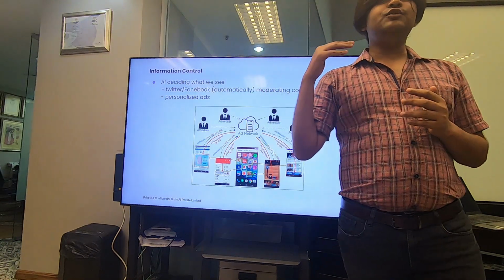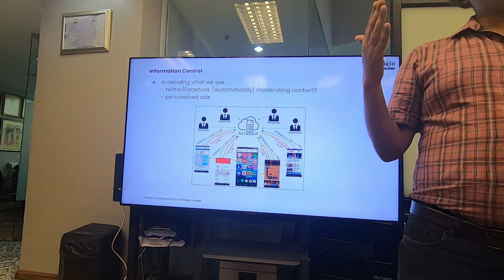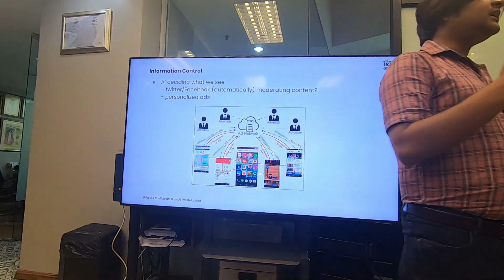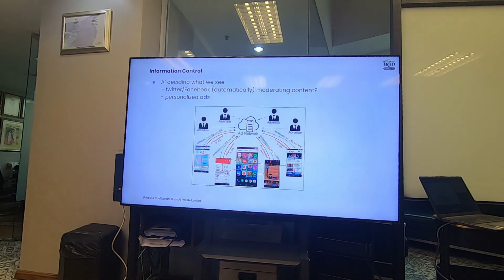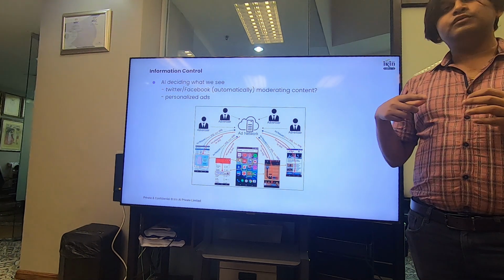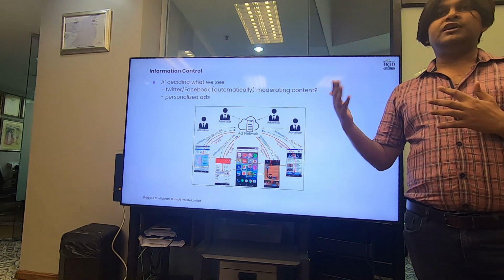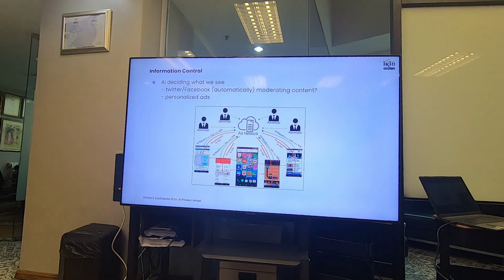On Twitter and Facebook, once you watch a video of a genre, you start to see videos related only to that genre. So they are using data and AI to tell us what we should see. This is also wrong.